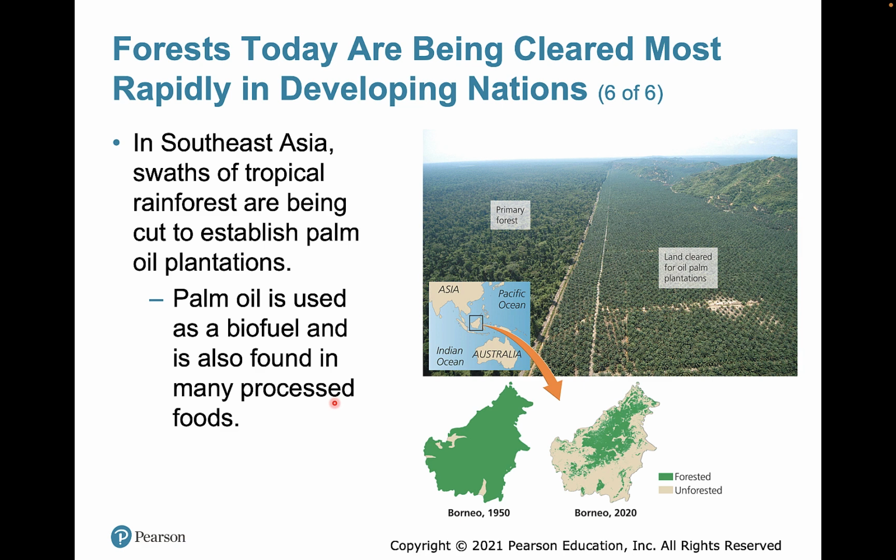Okay, so they're taking this beautiful primary forest and they're cutting it down, burning it to make this monoculture of palm oil. So Borneo, one of the islands in Indonesia, the big one, there it is in 1950 and there it is in 2020. So a huge portion of the island, a huge portion of the rainforest has been destroyed to make these palm oil plantations.